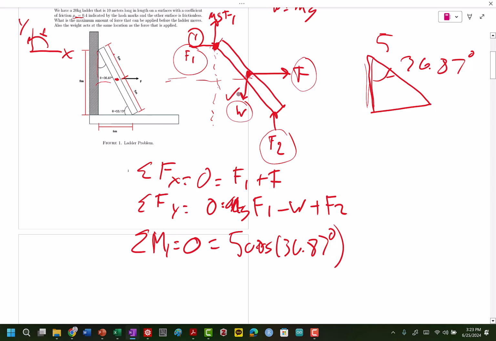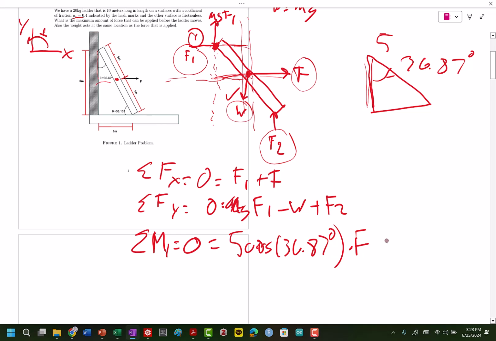What about the distance here? Well, that will be the perpendicular distance from the line of action, which will be the sine. We need to multiply it by the weight, since the distance from here is the same as the distance here, again the perpendicular distance from the line of action from our origin.